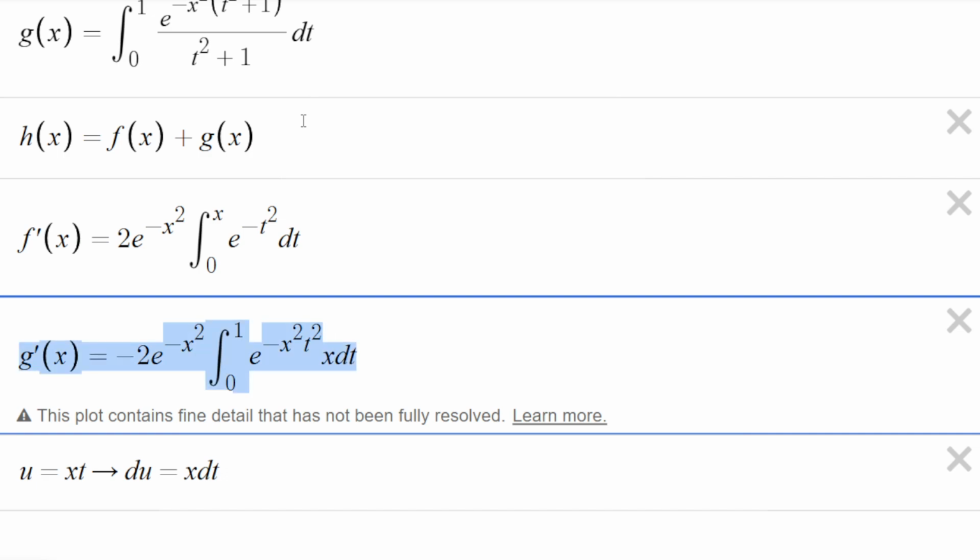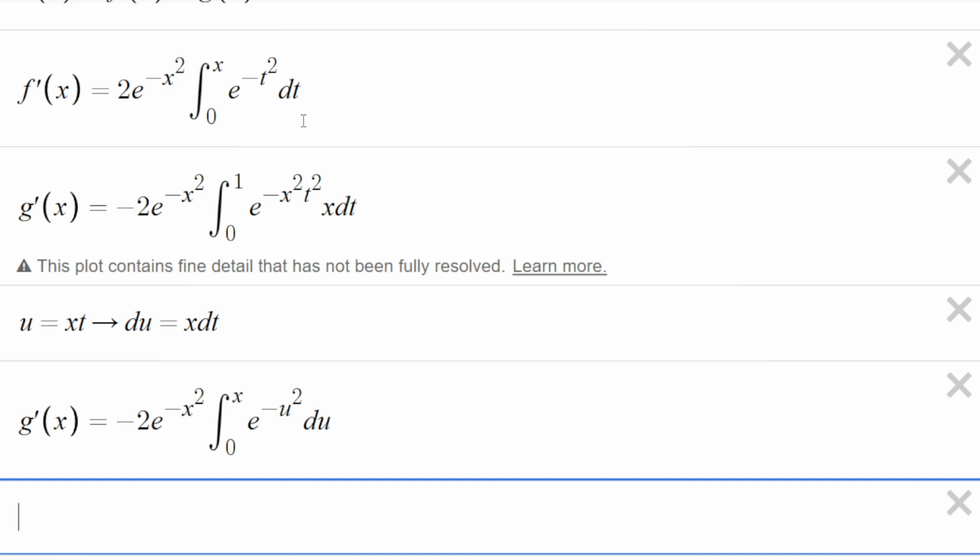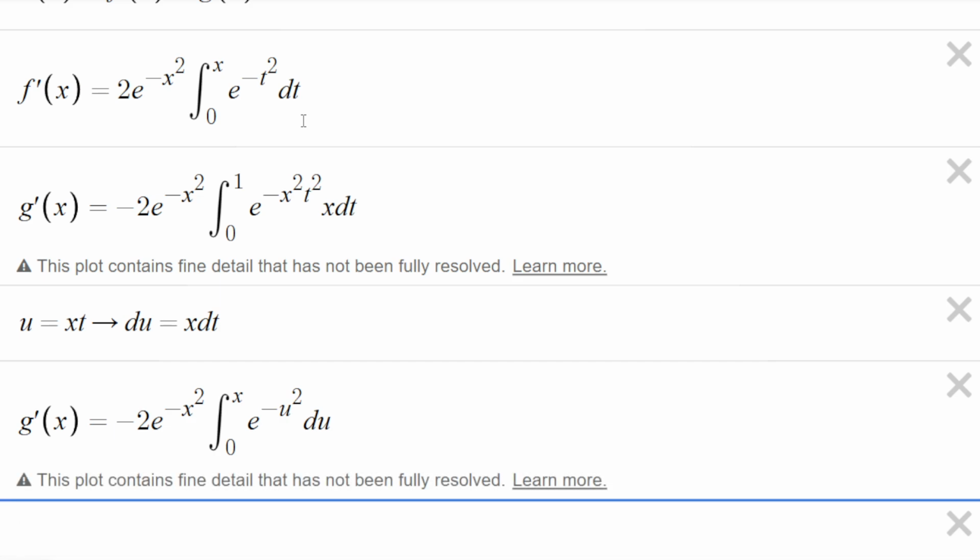So our g prime of x is now, x dt is just du, x squared t squared is just xt squared, which is just u squared. And if we plug in 0 for t, we get 0 for u, and if we plug in 1 for t, we get x. Okay, great. So there's our g prime of x.